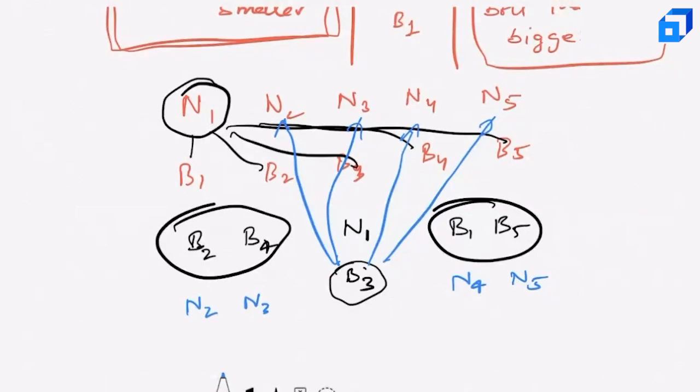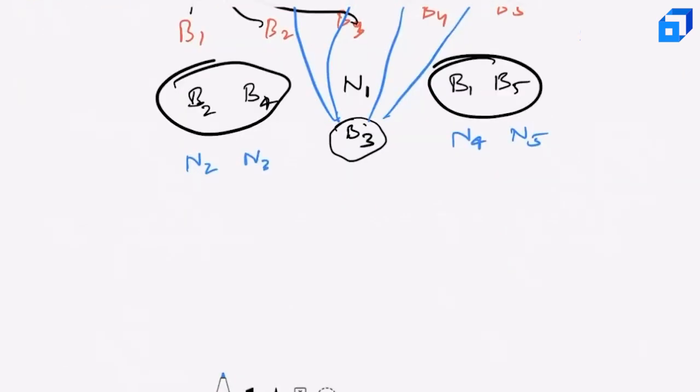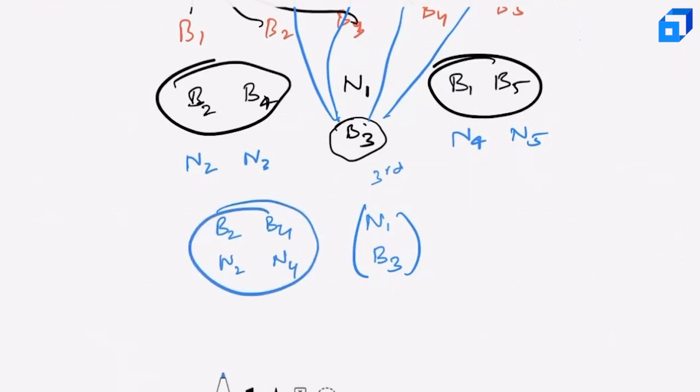Now I know that N1, B3, whenever I sort, is going to be the third element in the set. I have 2 elements before. I don't know their order, but those 2 elements have B2, B4, N2, N3 as 2 pairs. And I have two elements after, which is B1, B5, N4, N5 that are yet to be sorted.